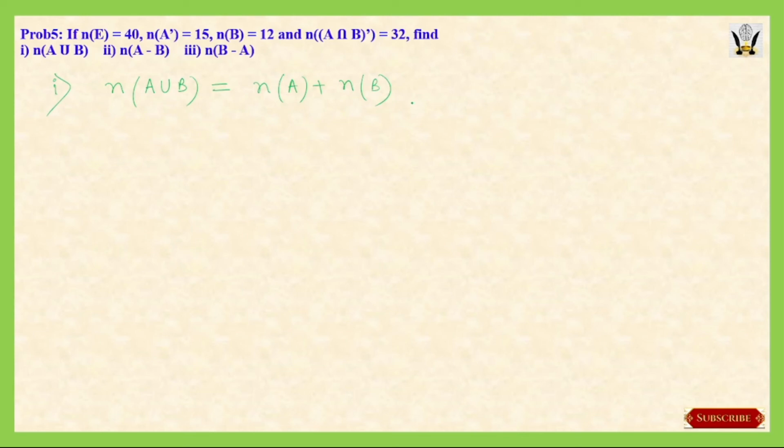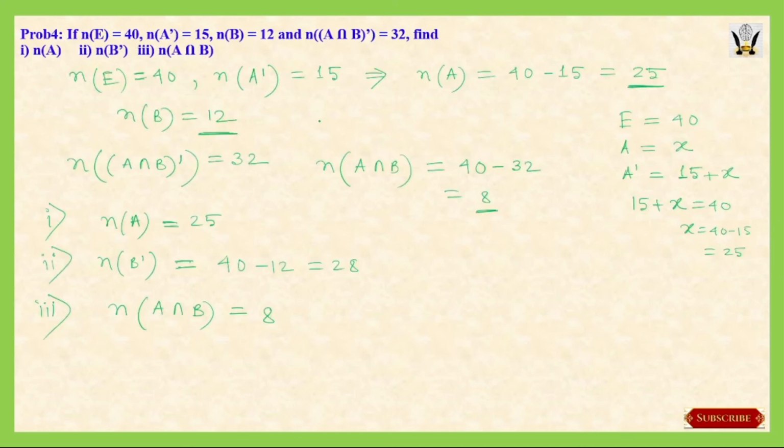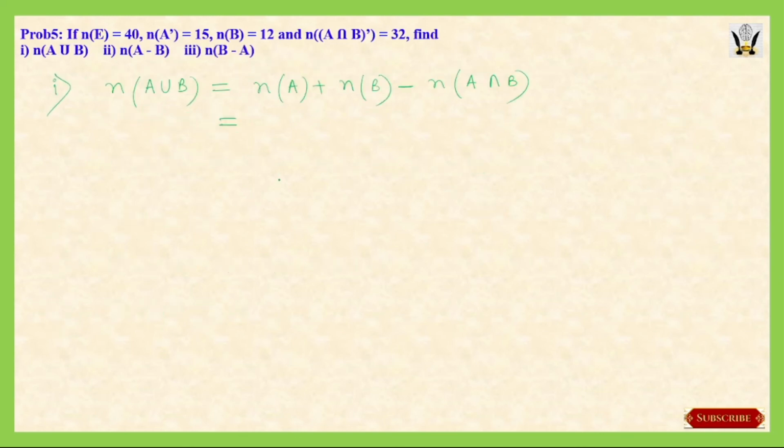If there is any repetition, then we have to discard that, and we can do that based on the intersection operation, because in the intersection operation we consider only the common elements. So here we will subtract the cardinal number of the intersection operation between A and B. n of A we have already obtained in the first part of the problem, and that was 25.